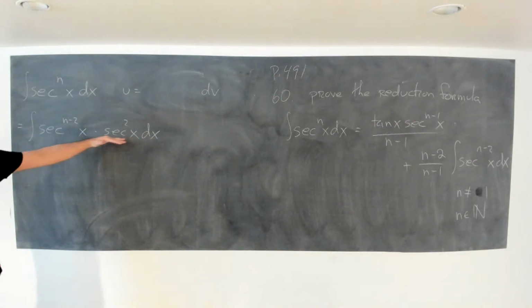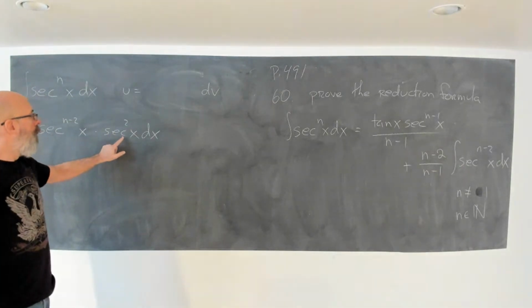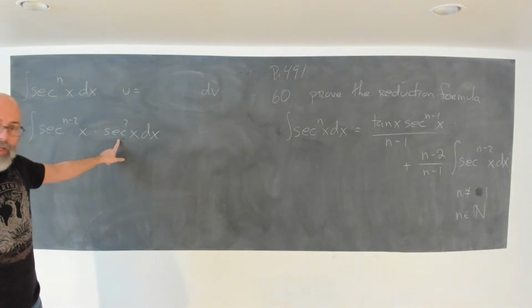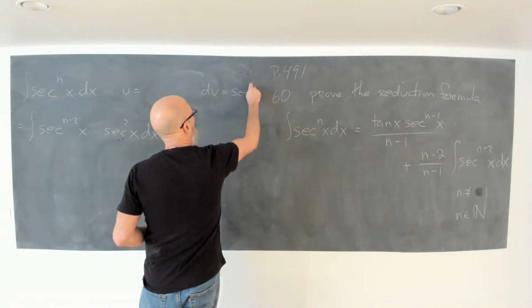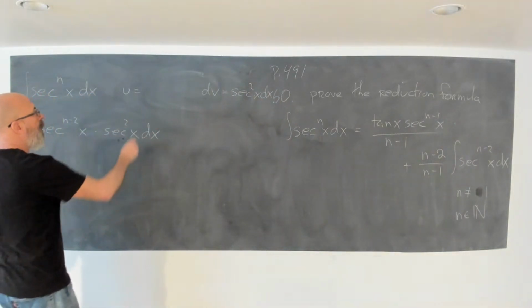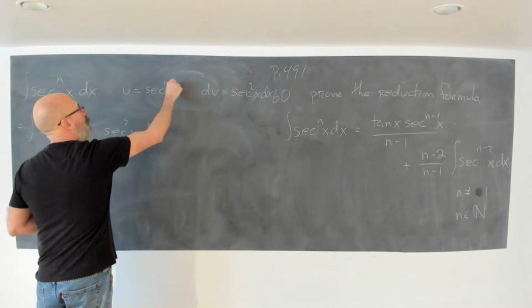So break it up this way, where secant squared, you know the antiderivative of secant squared, right? So dv is going to be secant squared, something you can find the antiderivative of with relative ease. U is going to be secant to the n minus 2.